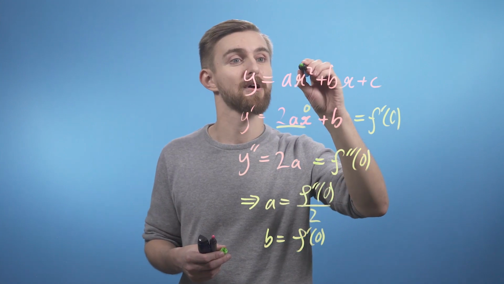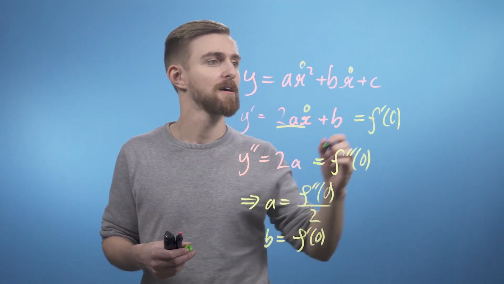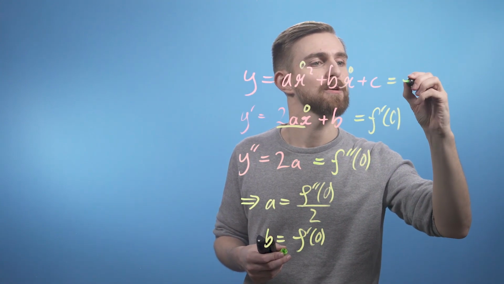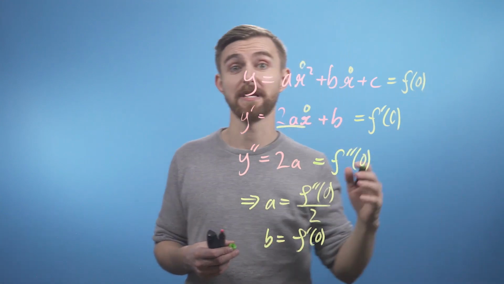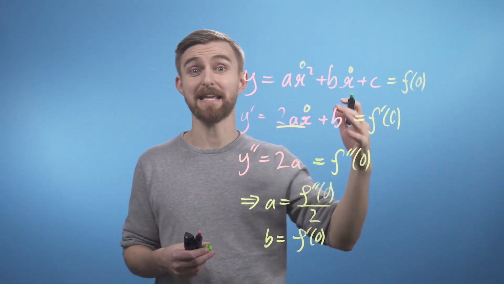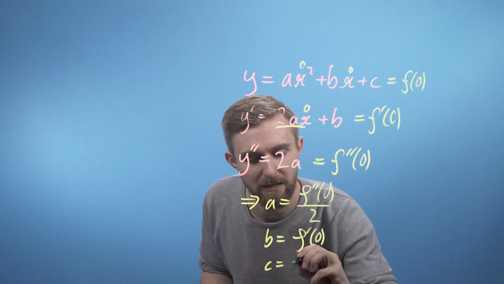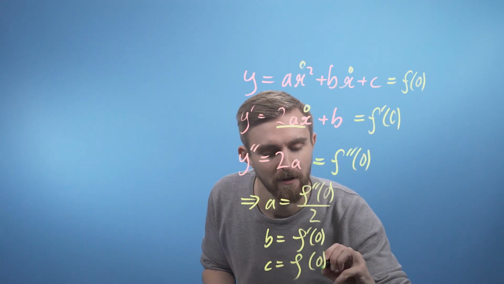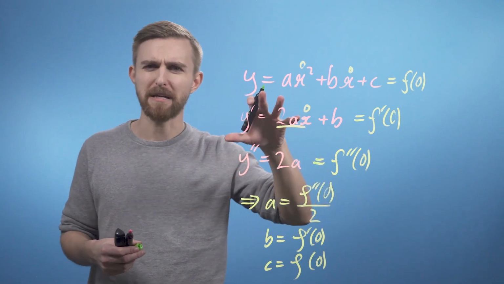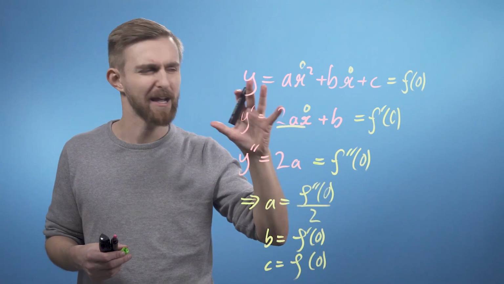Lastly, subbing in 0 here, and setting this thing just equal to f of 0, we can say that clearly c is also just equal to f of 0. c equals f at 0. So we now have all three coefficients for our equation.